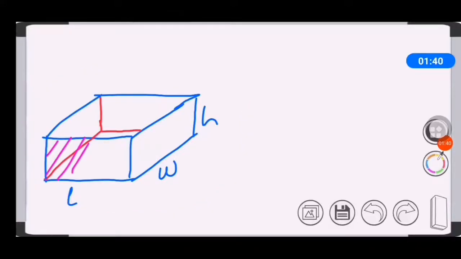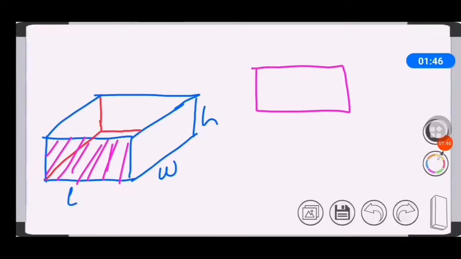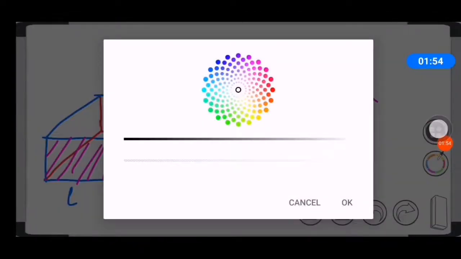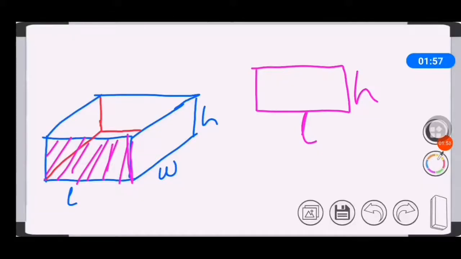So let's take the first face here. Let me color it. What are the dimensions of the face? Let's redraw that. We have the length, and this side is the height. The height you're seeing here, we have 4 of them in the shape. Any given side, we have 4 of it in the shape.